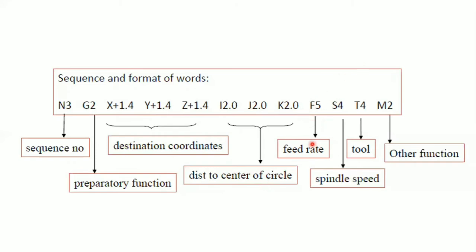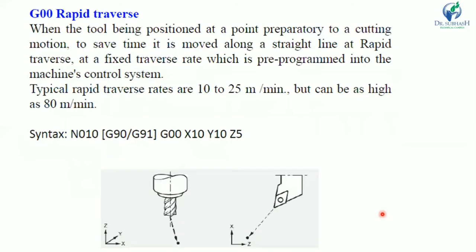Now F shows the feed rate, S is the spindle speed, T is the tool, and M is the other function, that is the miscellaneous function. So this is the sequence and format of words. Now let us see the first one, G00, which is the rapid traverse.